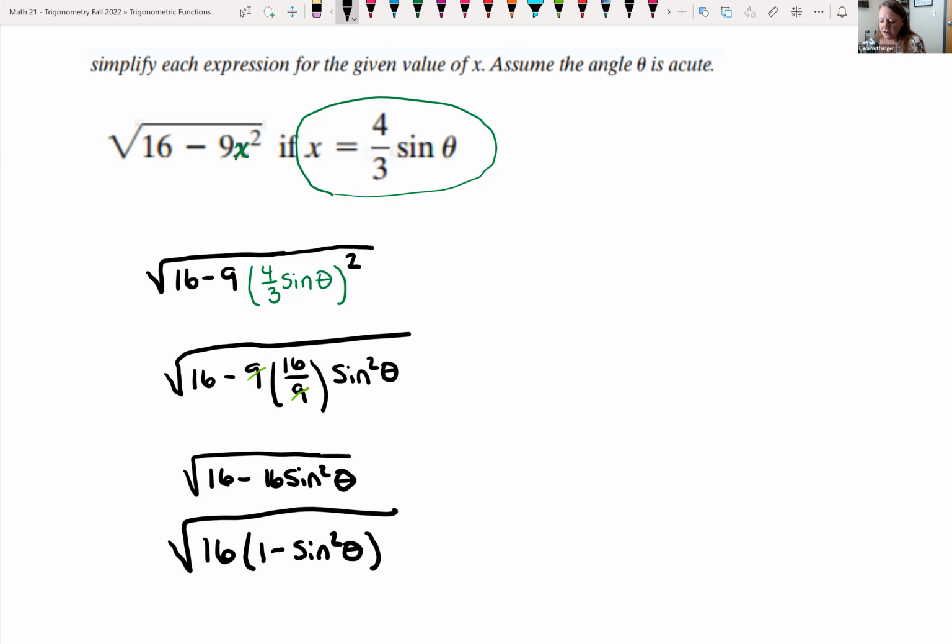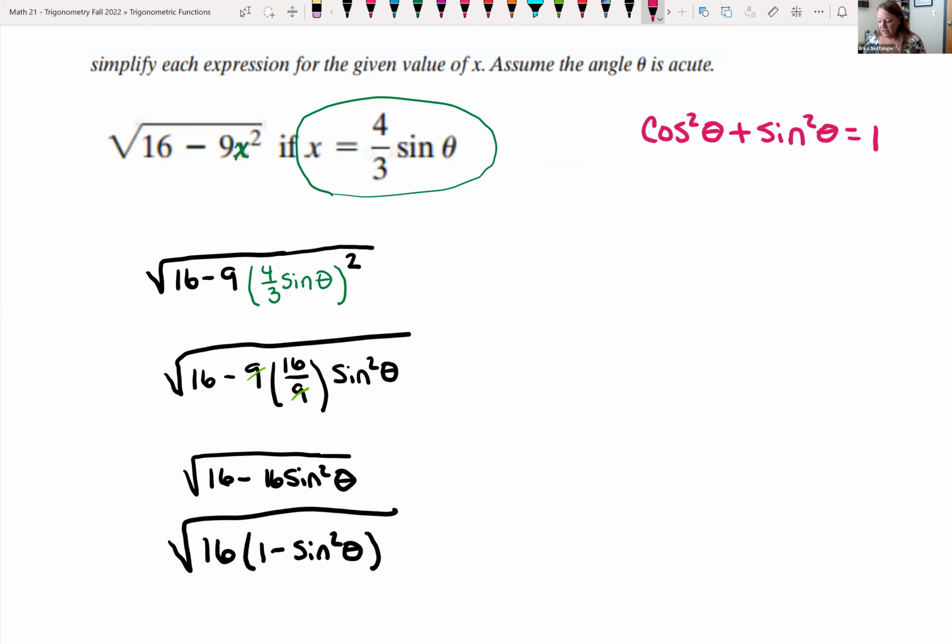And so let's go back to our trigonometric identity. Cosine squared theta plus sine squared theta is equal to 1. You should start being able to recognize things that are similar to this.